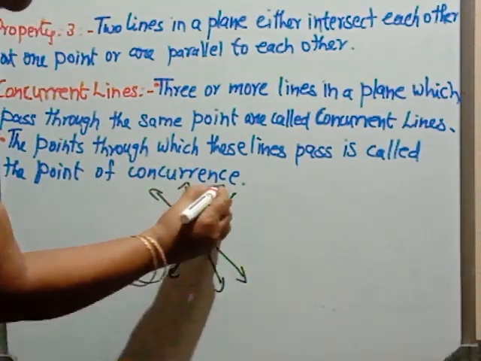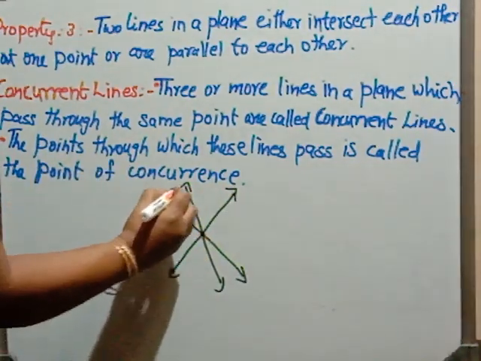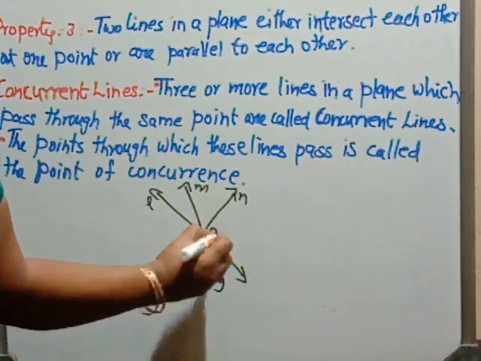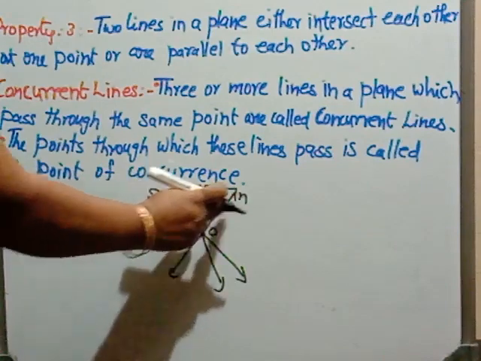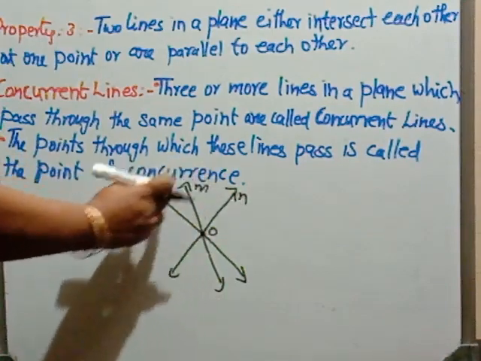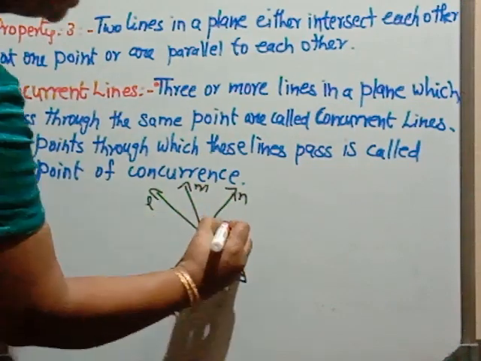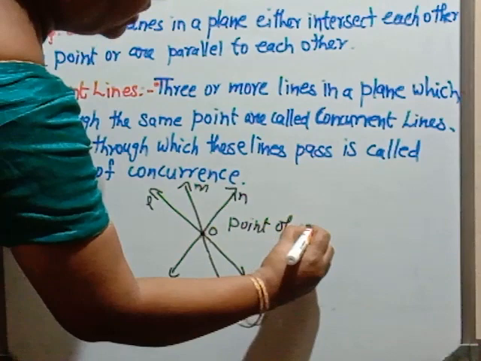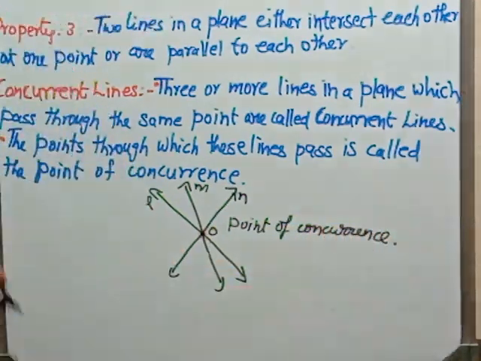This is called a concurrent line. Understand? L, M, N. The point is considered as O. Here how many lines pass through the same point? 1, 2, 3. So all these three lines are called concurrent lines. What is the point called? This is called the point of concurrence.